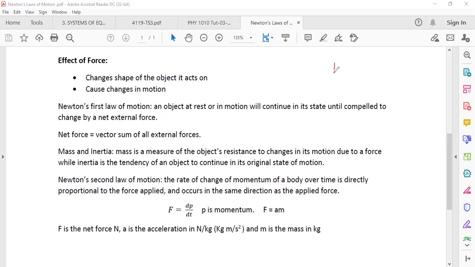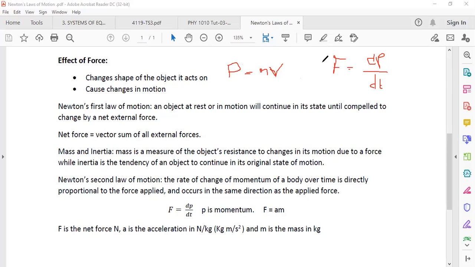I'm saying that force is equal to the change in momentum, P is momentum, with respect to time. Change in momentum with respect to time. What do we know about momentum? We know that momentum P is equal to mass times what? Velocity.